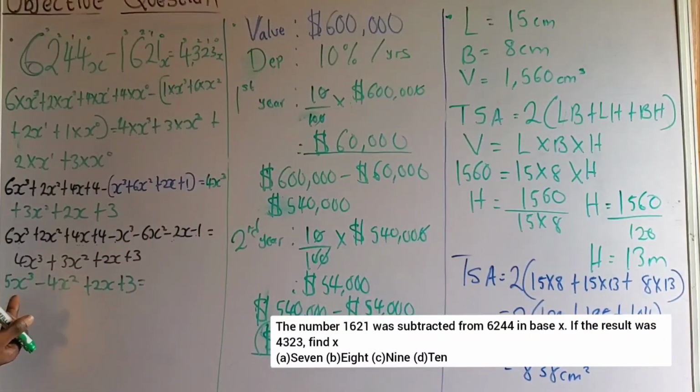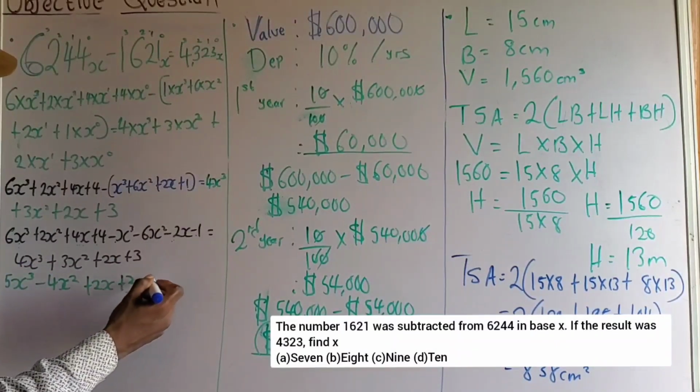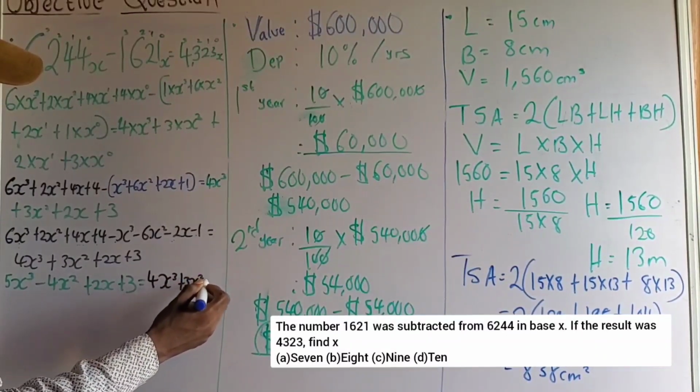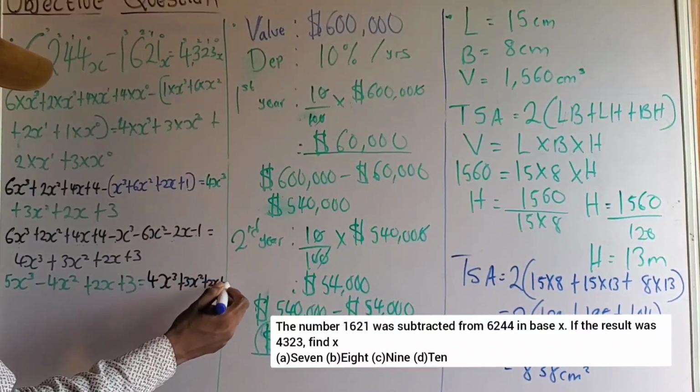Then we have 2x to the power of 2 minus 6x to the power of 2, for this I have minus 4x to the power of 2, and so on. Now, for the right hand side, we are going to have 4x to the power of 3 plus 3x to the power of 2 plus 2x plus 3.